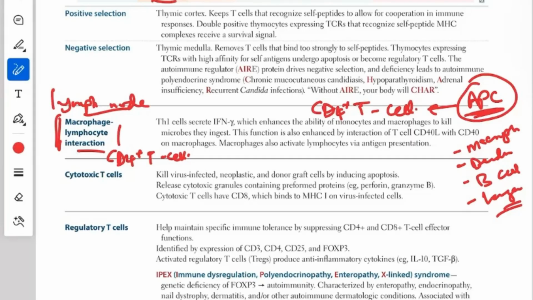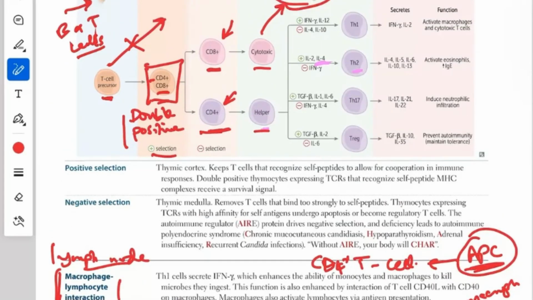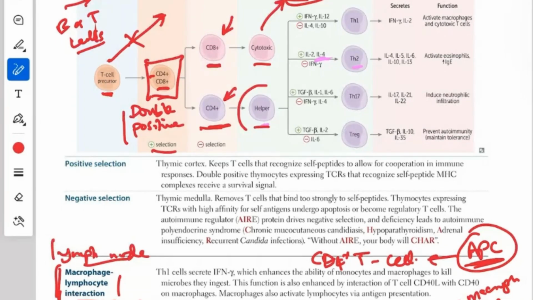The APCs tell it what type of pathogen, where it's coming from, give it all the lowdown, and then the CD4 will tell the other cells what to do. Now we're looking at the CD4 helper T cell.